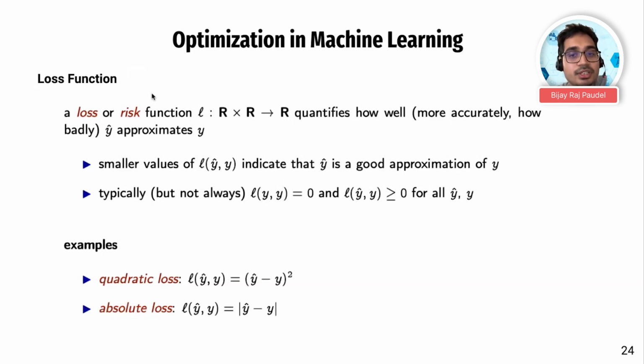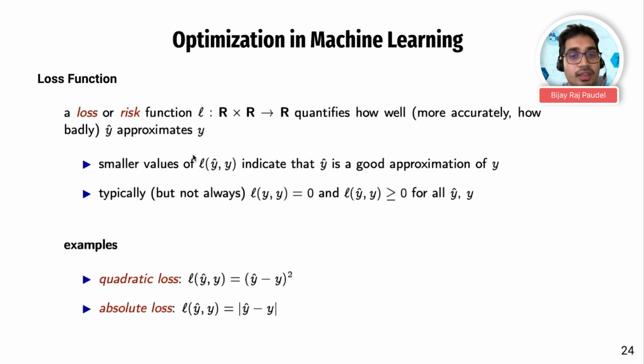This loss function is calculated in machine learning by comparing what we observe and what is actually there. Y is the true label, and y hat is what your algorithm, what your model, produced.